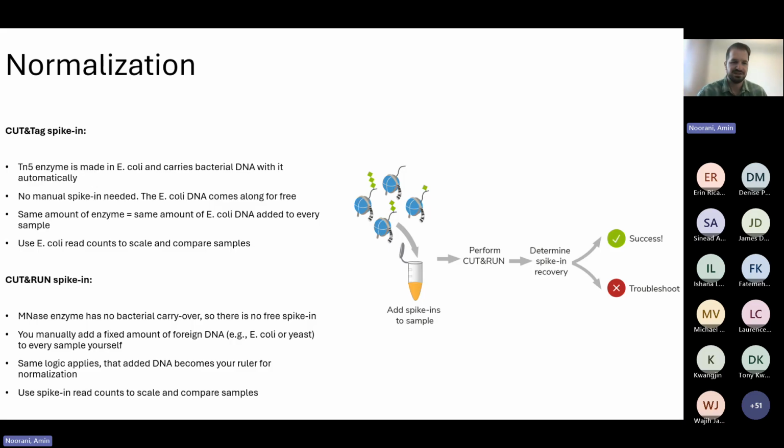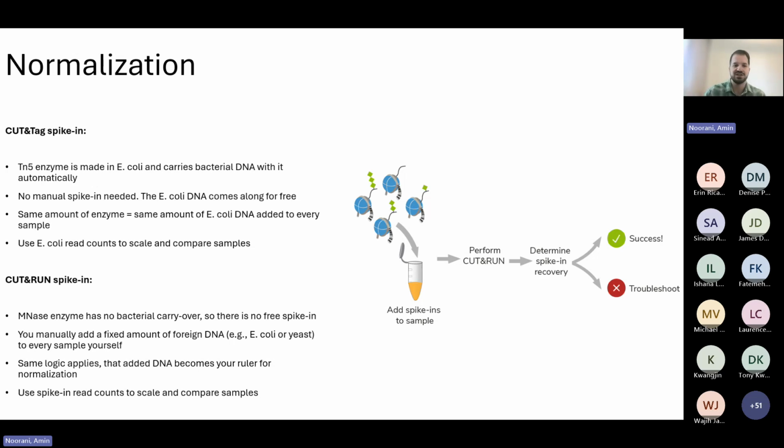But there's a caveat that's worth mentioning, which is this only works when comparing samples processed with the same batch of enzyme, I guess, right? Maybe you know that already, but as a bioinformatician, I think it's important to sometimes take that into account, because different batches carry different amounts of DNA.